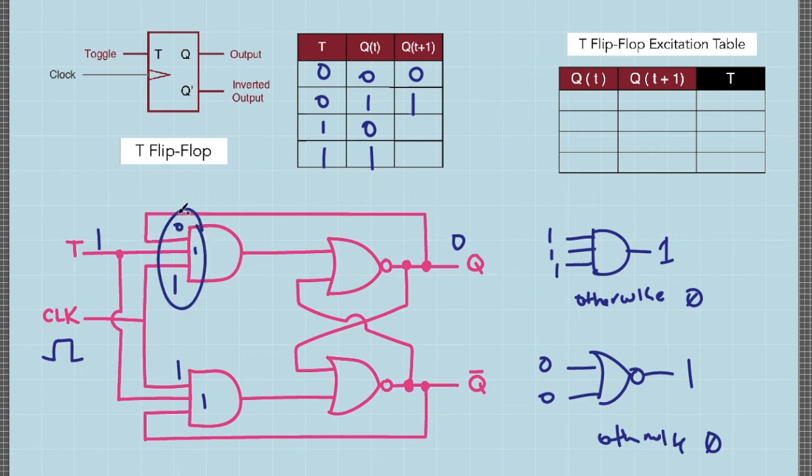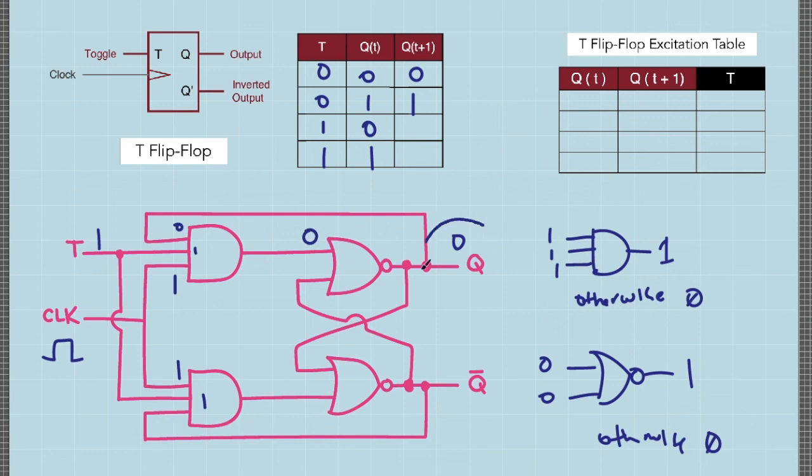Since we have at least one 0 here, the output of this AND gate will be 0. And for this signal, notice that if this is 0, then the complement of this output must be 1. So this one will be transmitted to this input. Since all of the inputs of this AND gate are 1, then this must be 1.